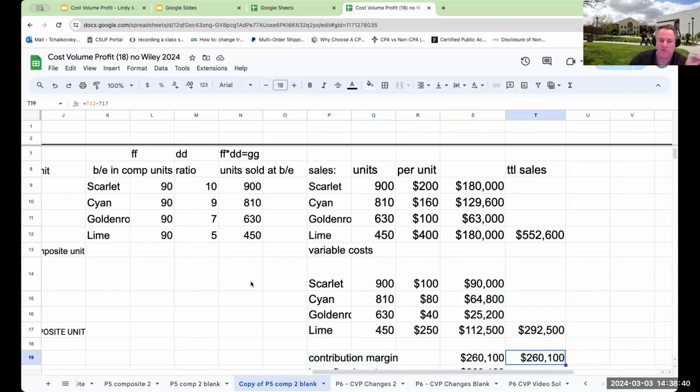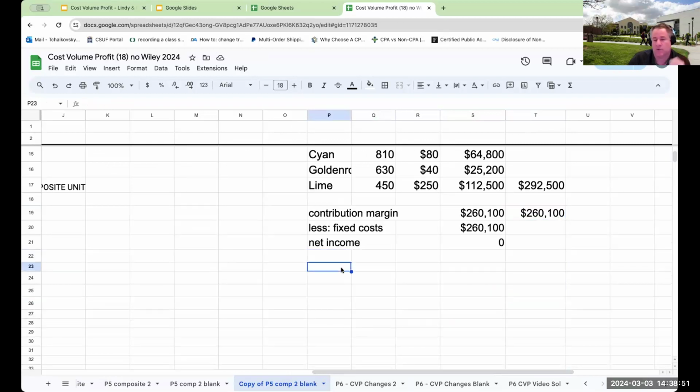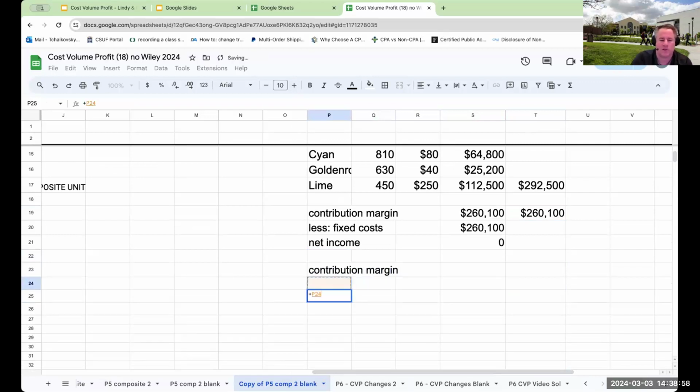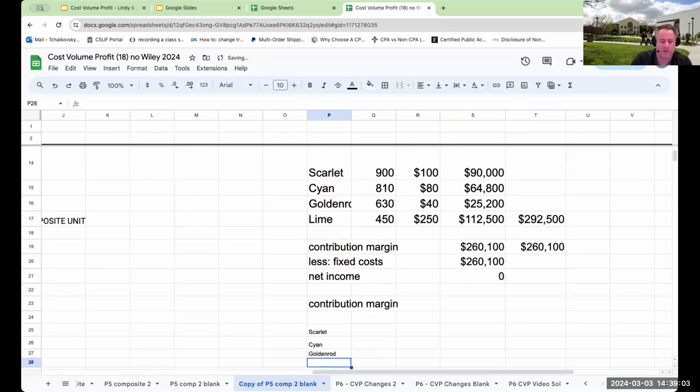If I was looking for a faster way to determine if what I have done is accurate, I could have just focused on the contribution margin. You've got scarlet, cyan, goldenrod, and lime. The units I'm selling to achieve break even are 900, 810, 630, and 450.